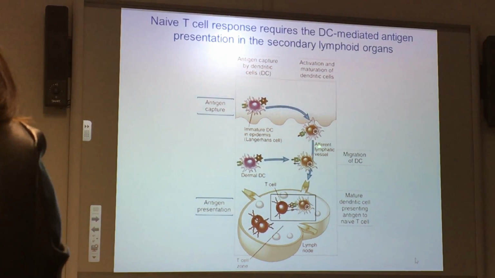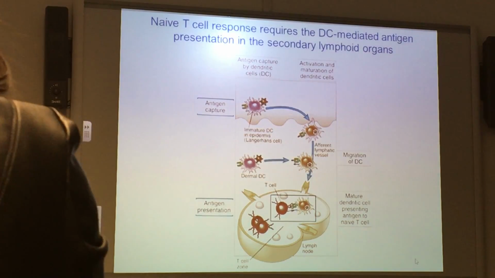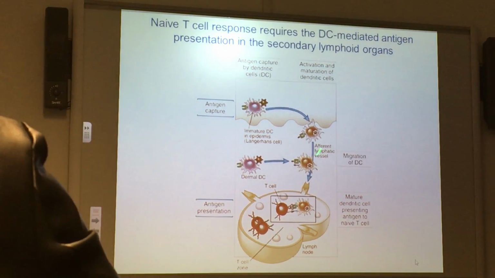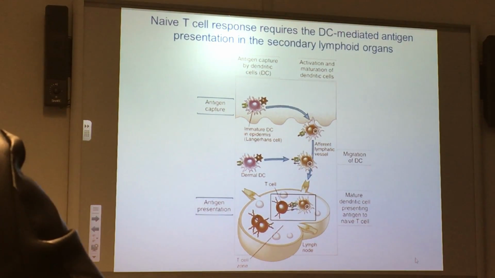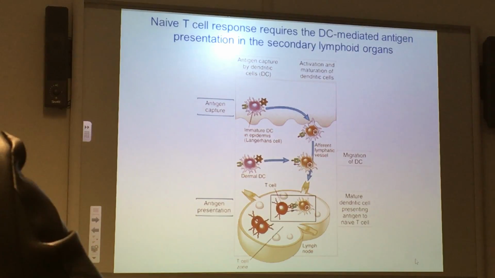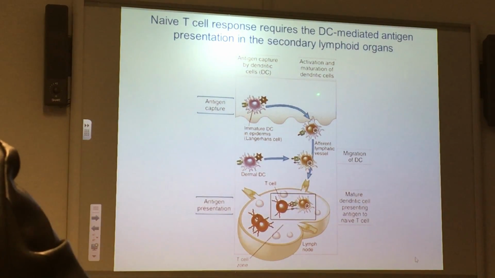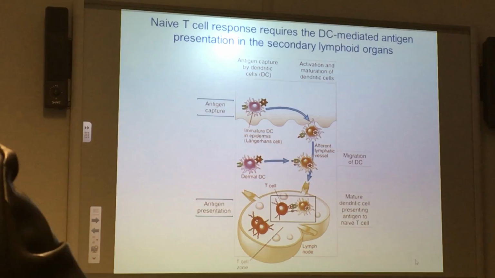So, there is one more problem in the case of intracellular pathogens. The dendritic cell takes the antigen to the lymph node, and the naive T cell recognizes it. That's the first step. This must be the first step. If any cell is infected, tell me a cell in the skin.